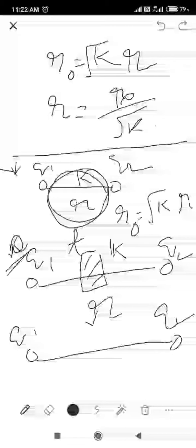Just now we have seen that a dielectric of length r is equal to root k times r in air medium. This is the basic concept.